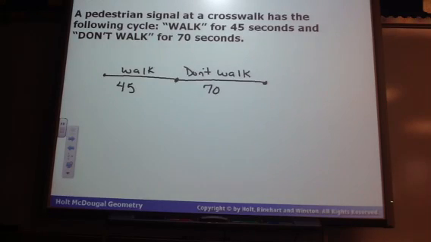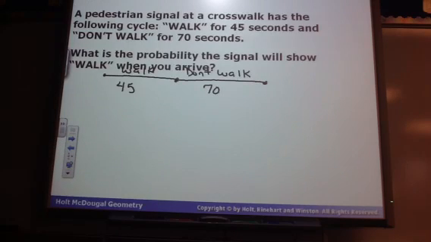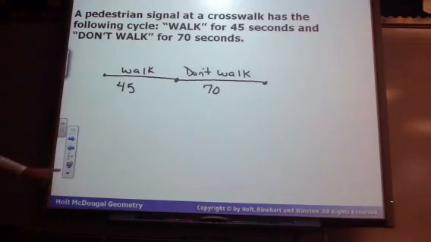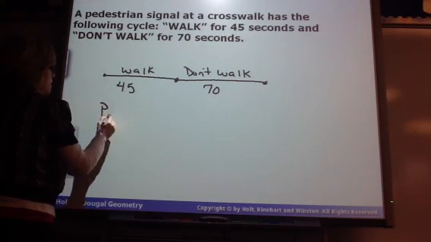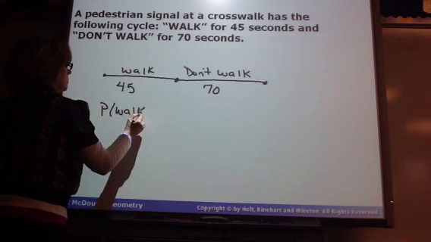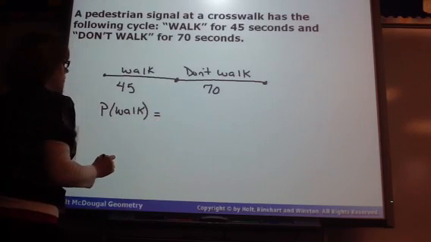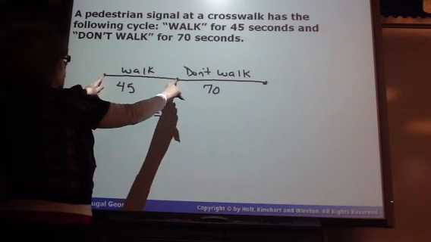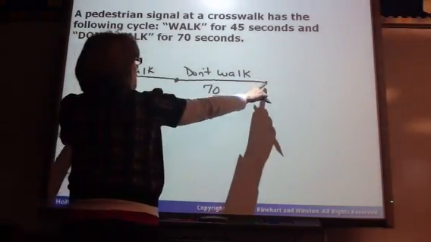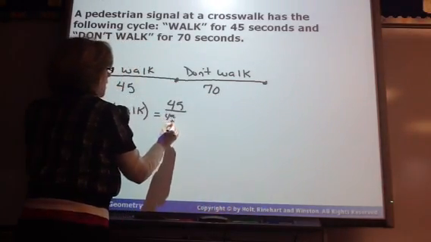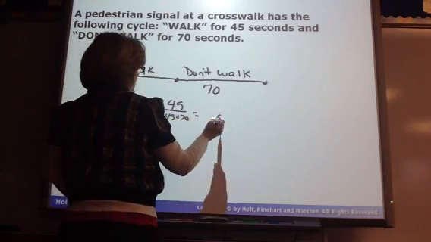So, where's the question? What is the probability the signal will show walk when you arrive? So let me back that up so you can see it. Walk when you arrive. Okay, so it's the probability of walk. Okay, so the event is the walk, which is 45 seconds, over the total sample space, which is the 45 plus the 70.